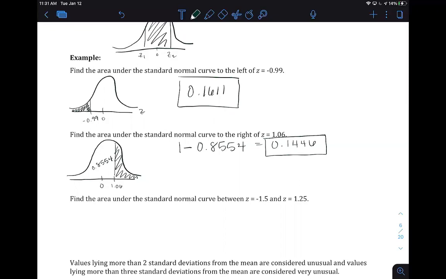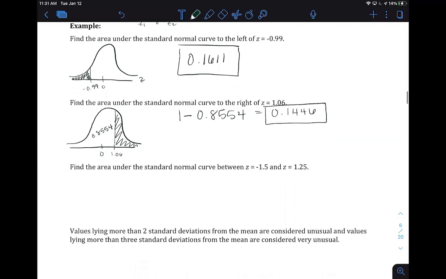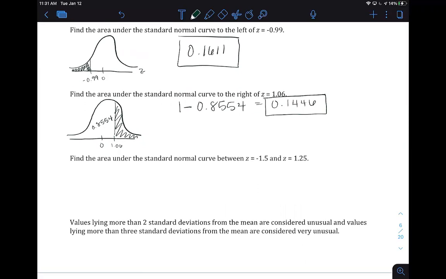And then the last one, find the area under the standard normal curve between z equals negative 1.5 and z equals 1.25. So sketch your curve. Shade in between them to show where that area is coming from.